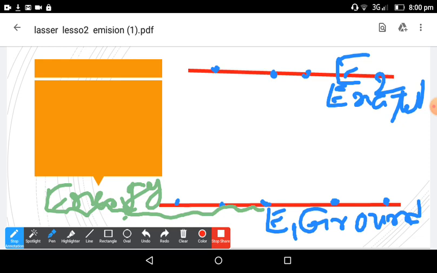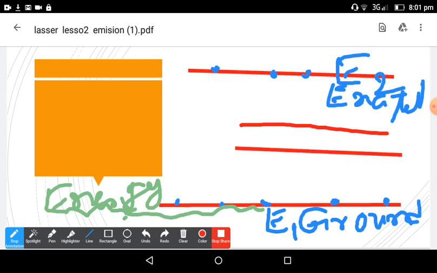Suppose the atoms from the ground level reach the fifth orbit. In between fifth and first, you will have the fourth orbit, the third energy level and also the second energy level here. So these are the different energy levels in between E2 and E1, right?